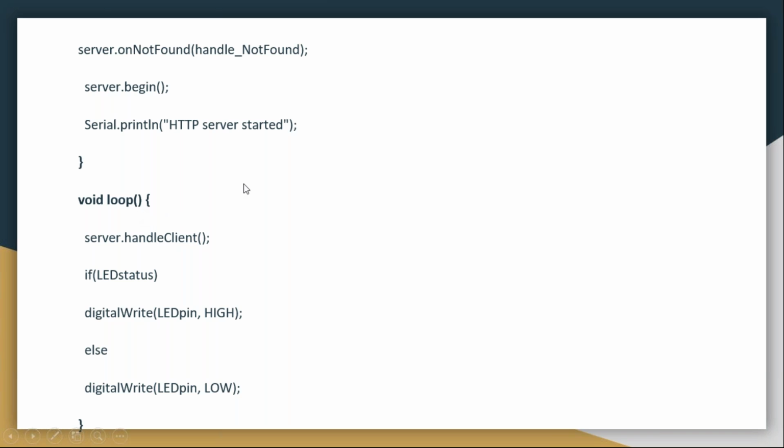This is the function which I created, handle on connect. What will happen when it is on? The LED status is initially low, and server.send 200, which means connected successfully, with text/html and the HTML send, false. Then handleLEDon will connect to turn on the LED.